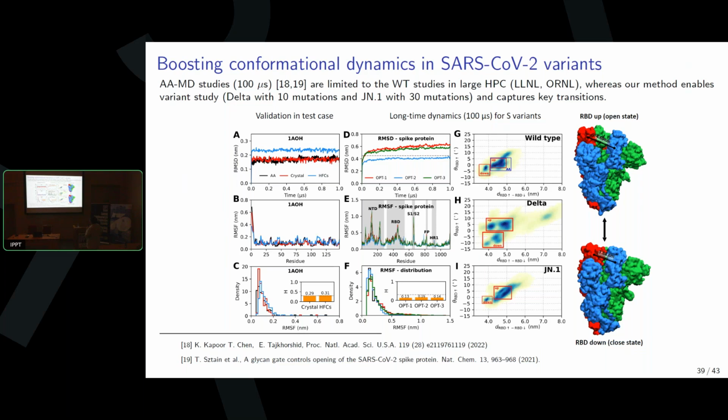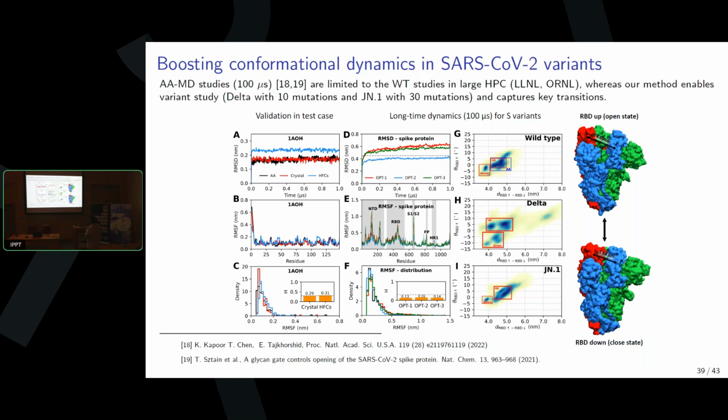For the wild type, we see that we enhance the space by having extended open states, as well as transitions to the down state. You compare that with the delta, and you will see there are many more details depending on the position of the delta. Delta has about 10 mutations, and the GN1 30 mutations along the spike protein.